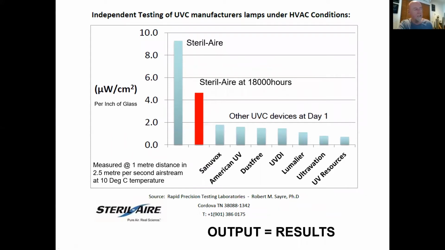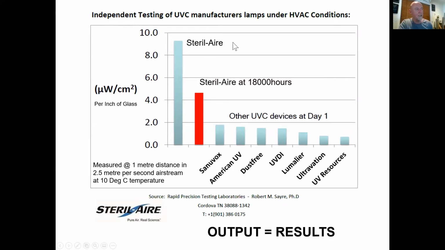This is another example from the rapid testing laboratories in the state, done by Dr. Robert Sear, and he tested UVC products under air conditioning conditions of 2.5 meters a second and 10 degrees Celsius.